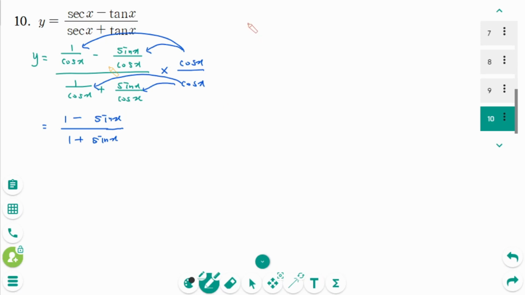Use the quotient rule. u over v prime equals u prime v minus u v prime over v squared.